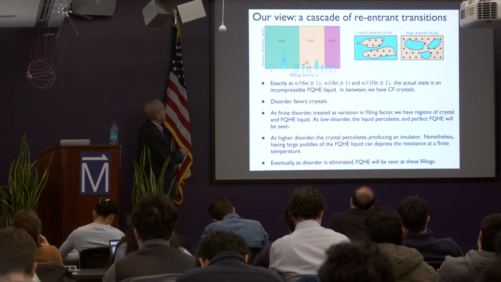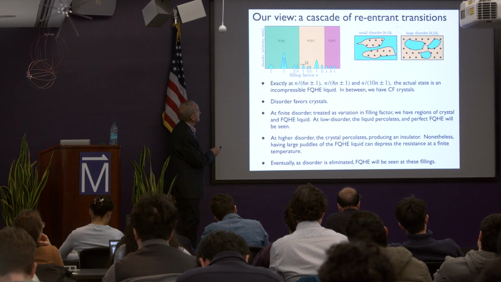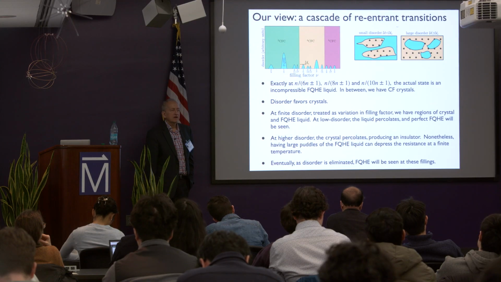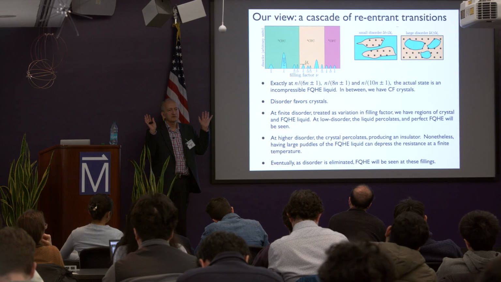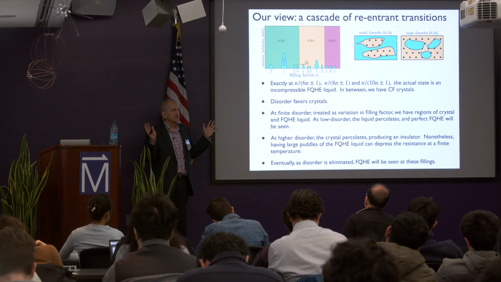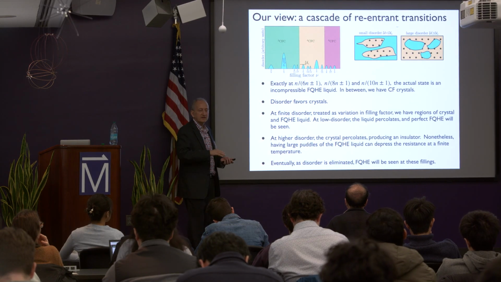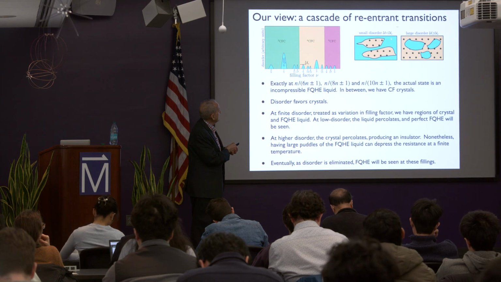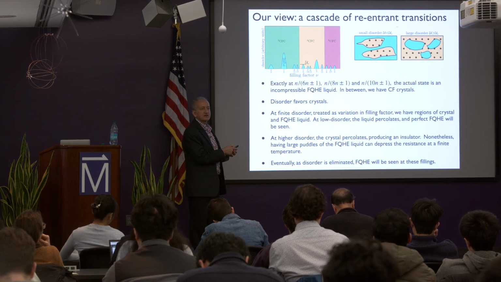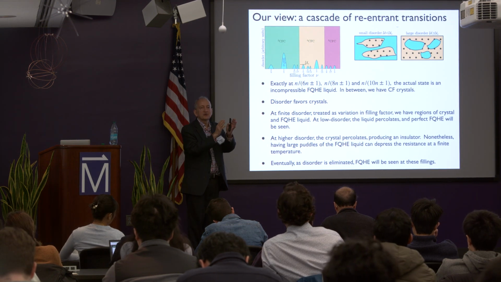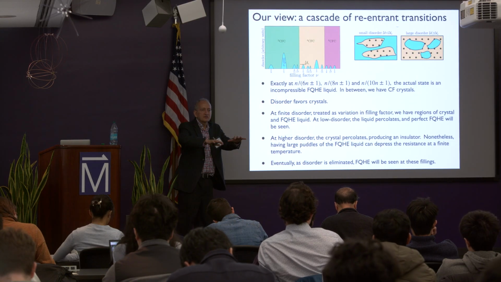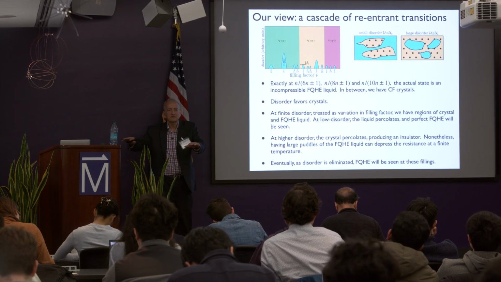Now, if I was sitting at 1/7, with extremely weak disorder, I would see perfect fractional Hall effect, no problem. But as I increase disorder, it changes the local filling factor, so I have regions of fractional Hall state and regions of crystal.